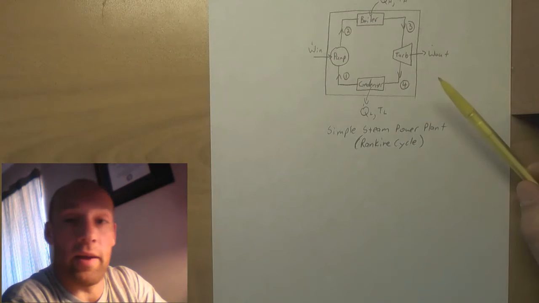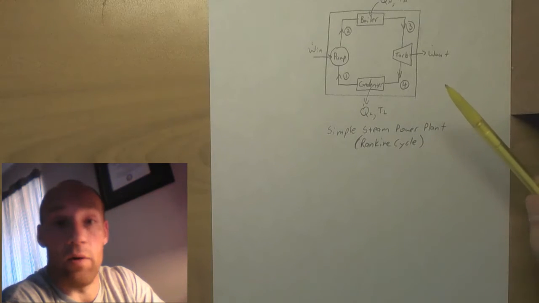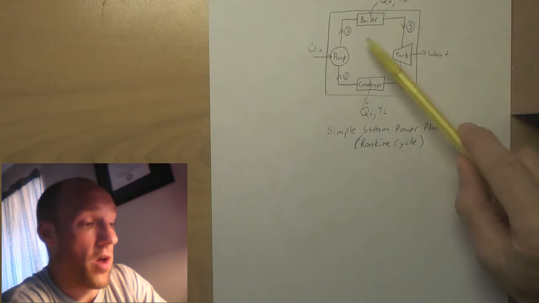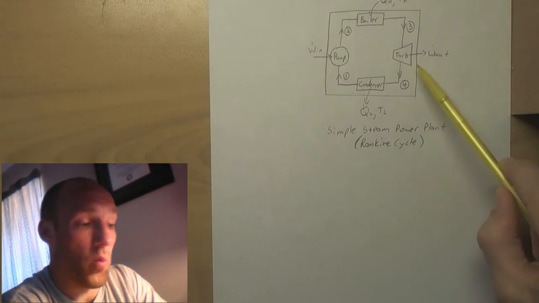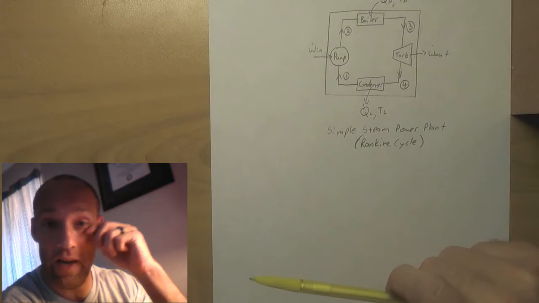Whether we're burning coal or using nuclear power, that's just the source of heat. The underlying mechanism by which we actually produce the work is what's called a heat engine.